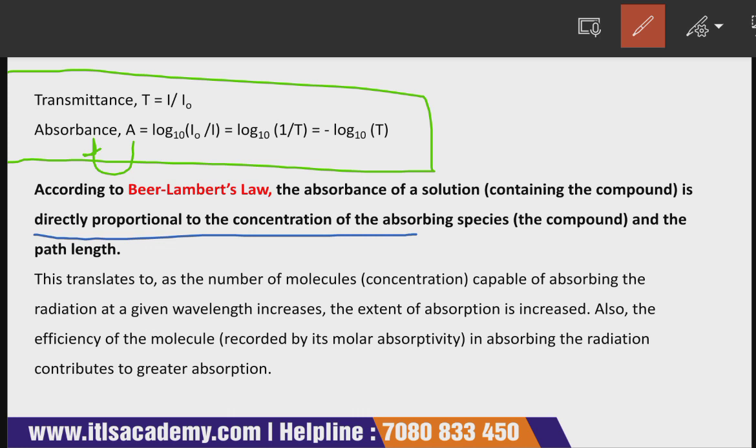So according to the Beer-Lambert law, firstly let us understand what you understand by Lambert law and what you understand by Beer law. First of all we are going to study the Lambert law, because this is the combination of the two, that is the Lambert-Beer law. So what do you understand by the Lambert law?